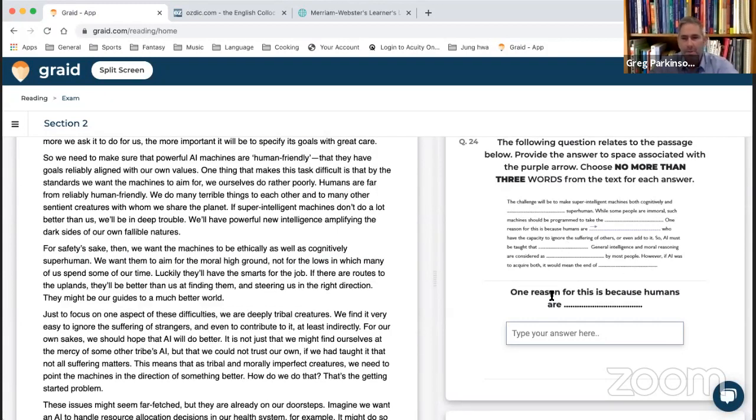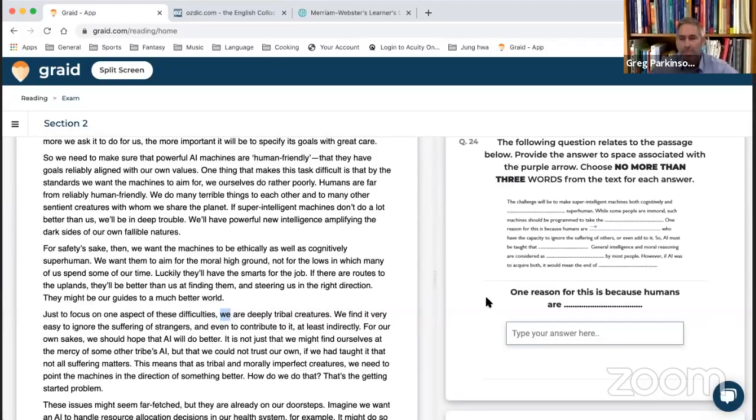Also, if you're finding it hard to find anything related to reason, then look for another word. So maybe humans, right? So "they" is not humans, for example. They are the robots, or the artificially intelligent robots, machines, right? So a lot of these, but then when I go on to the next sentence, just to focus on one aspect of these difficulties, we.